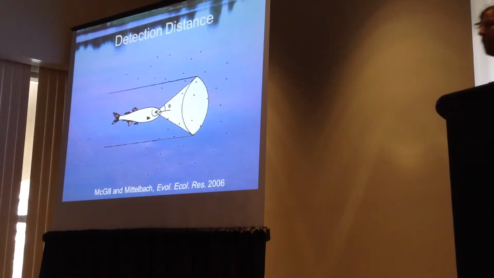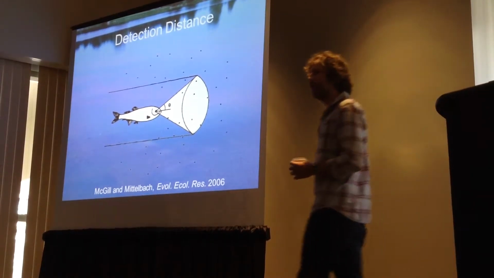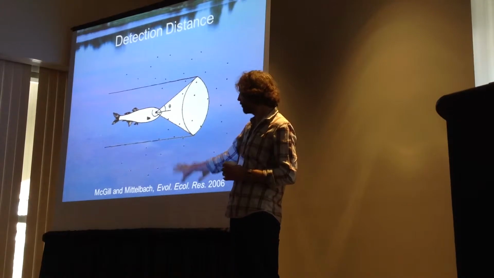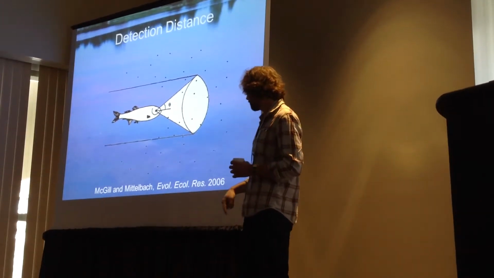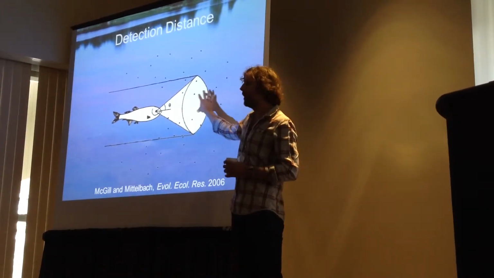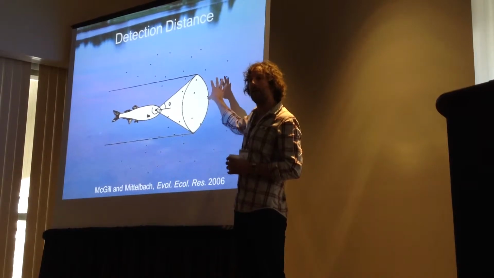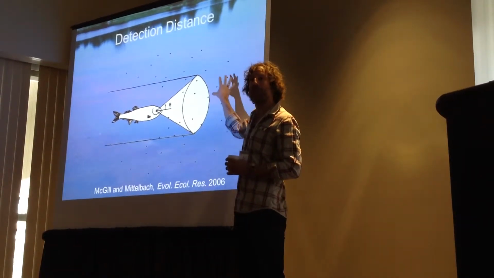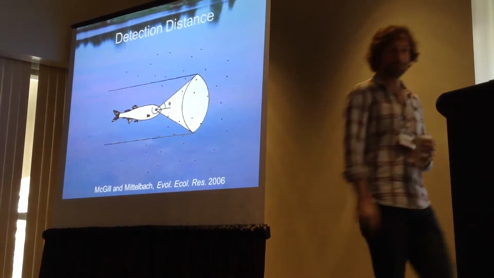And what's important to remember is that inherent in that model is some of the other trade-offs that I've already presented to you, like detection distance. We used the allometric model of McGill and Mittelbach from 2006, such that if there was a school, then the lake trout and the cisco would be able to see it from a further distance than if it was an individual as a target.